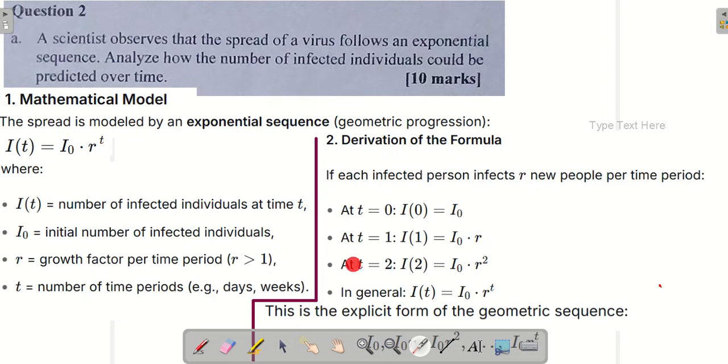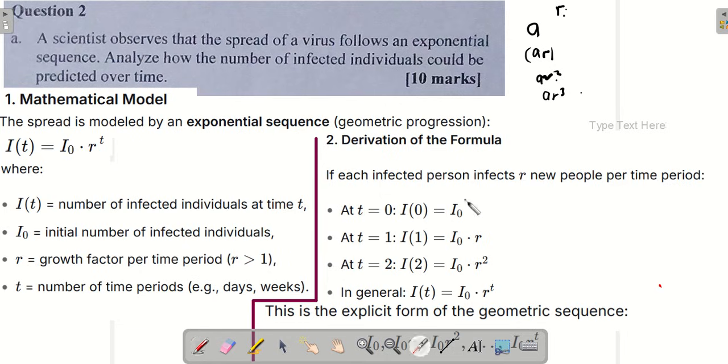Then at T is equal to 2, we also multiply by the growth factor, which is still R. So we keep multiplying by R, just like we have here. If you have initial to be A and your common ratio is R, you first multiply by R to get AR. Then you multiply R by this AR again to get AR squared. You multiply R by AR squared again to get AR cubed. So that is exactly what we are doing here.